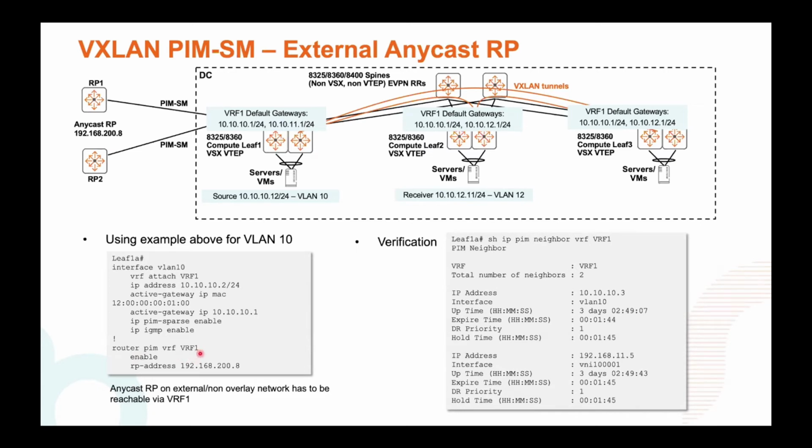Each VRF needs to have at least one RP. You point it statically to the external RP. This is how you verify your neighbors on that VRF. Because it's a VSX, you have a neighbor on the other VSX, the secondary, on VLAN 10. You also have a neighbor on the L3 VNI towards your remote VTAP.